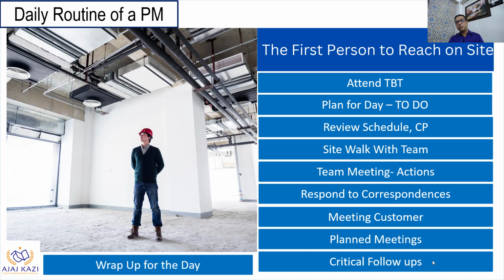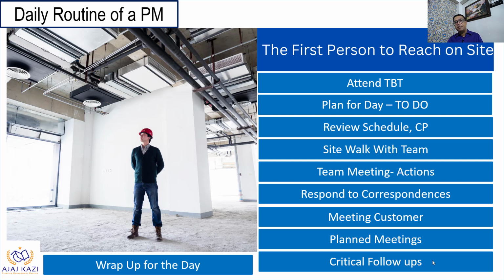What should be the daily routine of a PM? He attends the TBT, he plans for the day where he gets the to-do activities, he reviews the schedules, right? And then he goes for a site walk with the team, meeting actions, small meeting actions at site and at his office, right? Then he responds to correspondence and meets the customer.